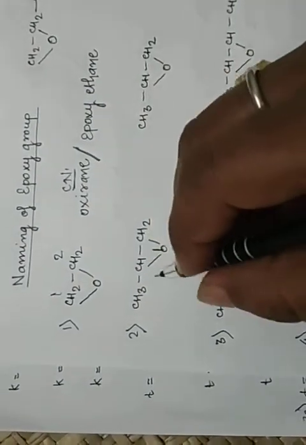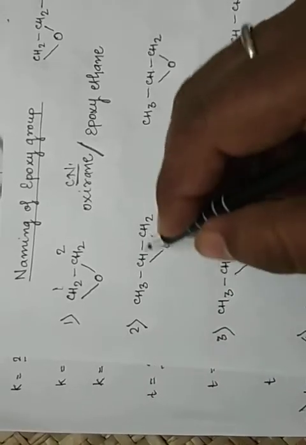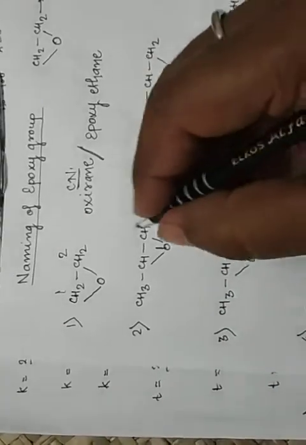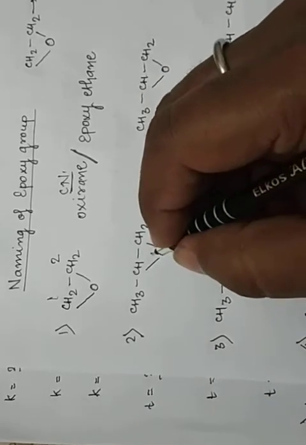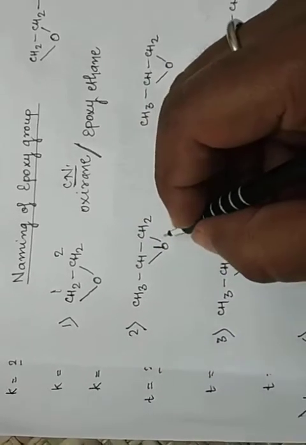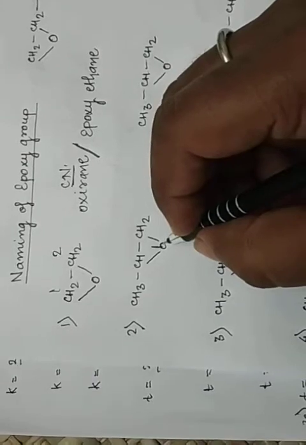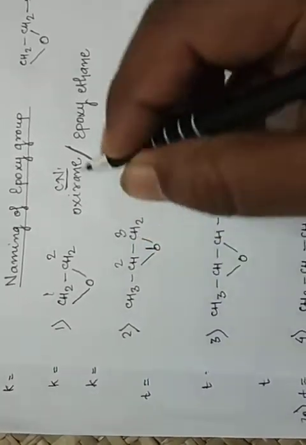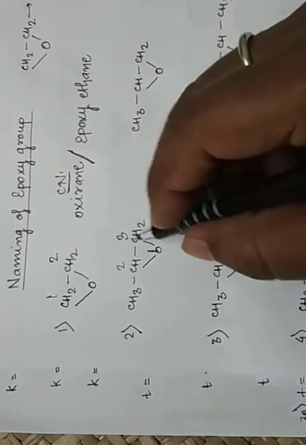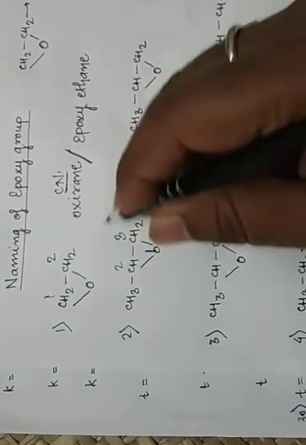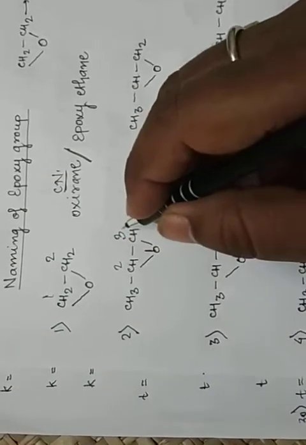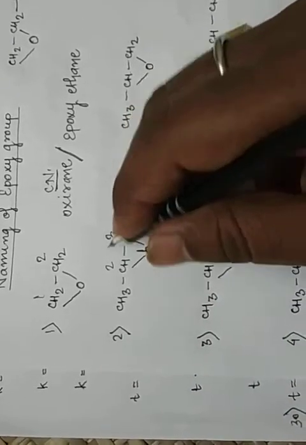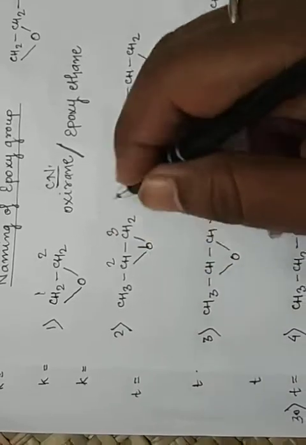Now suppose, how to write the common name and IUPAC name of this formula, there is a similar formula. Now the common name, how to write it? First you count from the oxygen side, 1, then 2, then 3, clear, 1, 2, 3. This is the epoxy form. So this is a part of what?